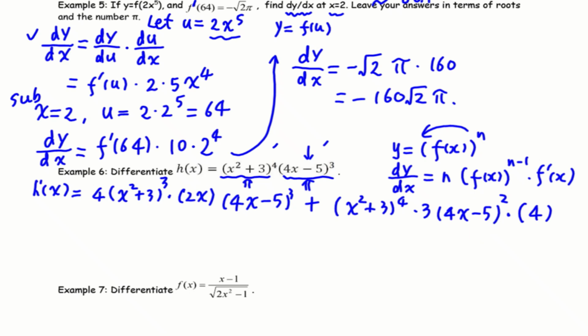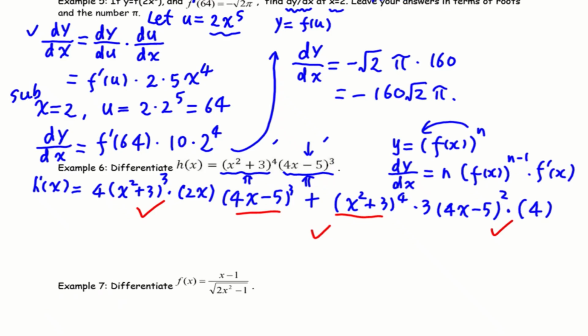The whole thing is the first derivative part plus the second derivative part, and the form is right. So this is example 6. You could pause the video and try the next one.